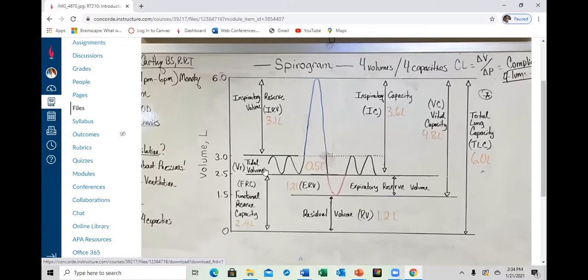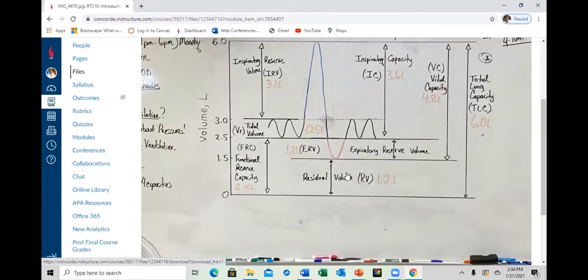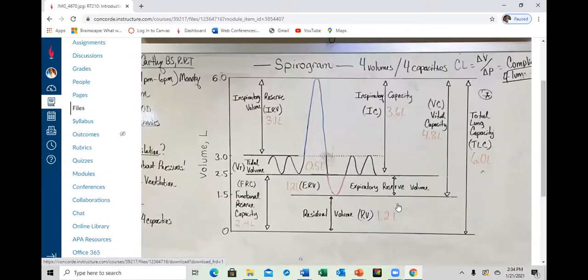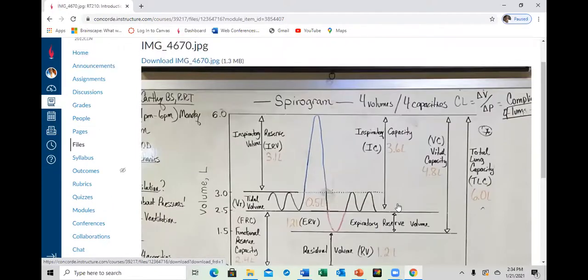Or it is tidal volume plus inspiratory reserve volume. These two here equal all of this. That's how you have to learn that spirogram. You must learn it 100% to really understand it, because you're going to be using this a lot. Here goes compliance again: change in volume over change in pressure.